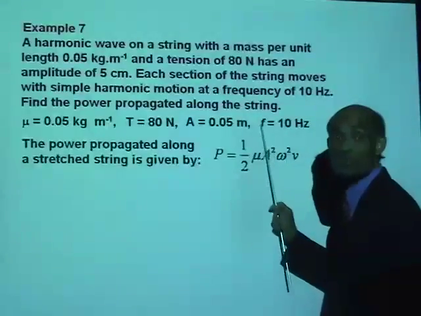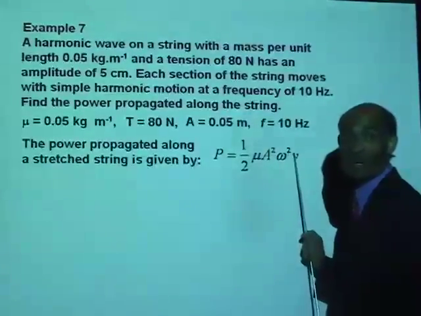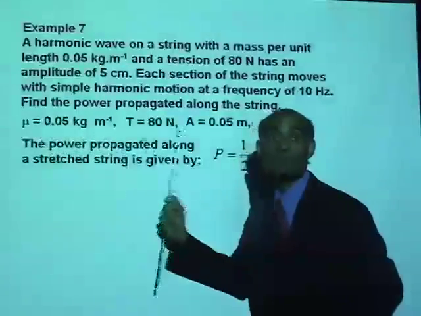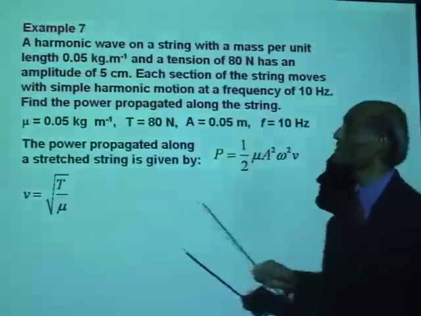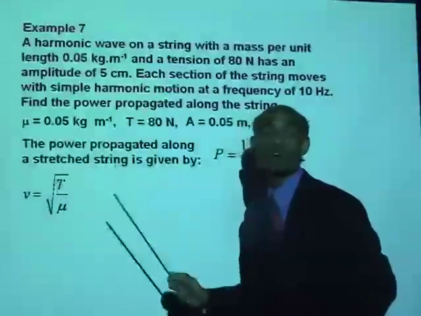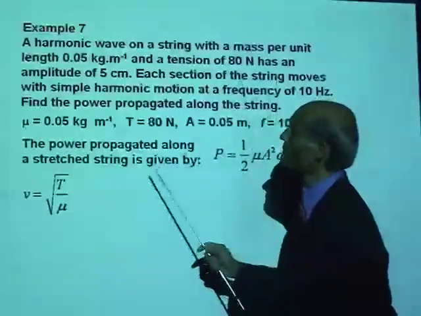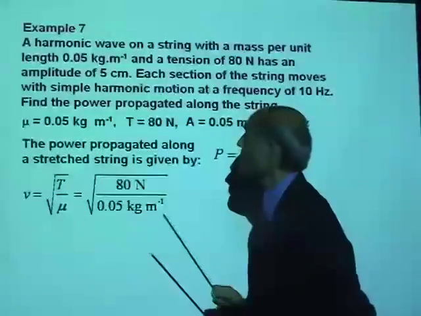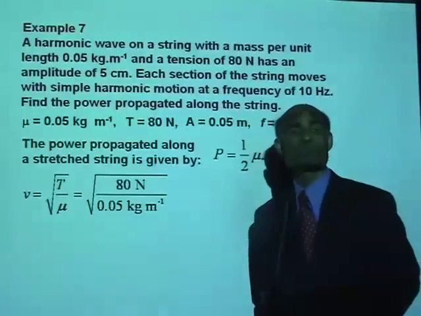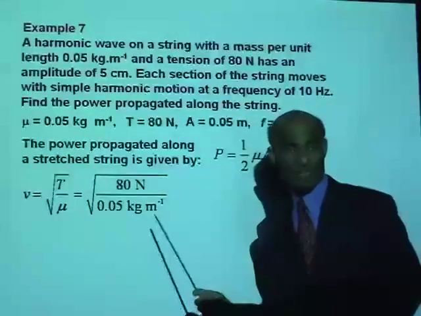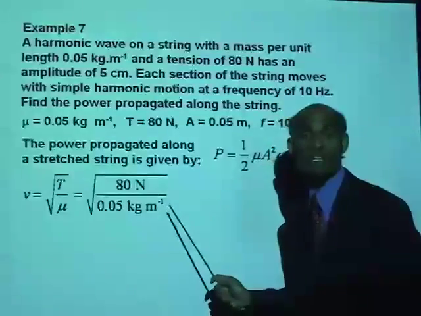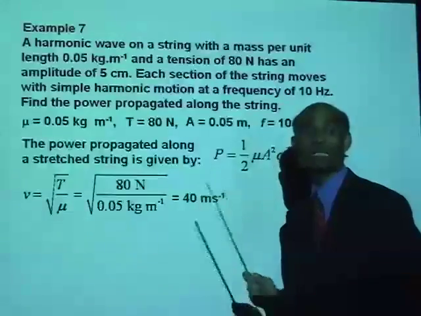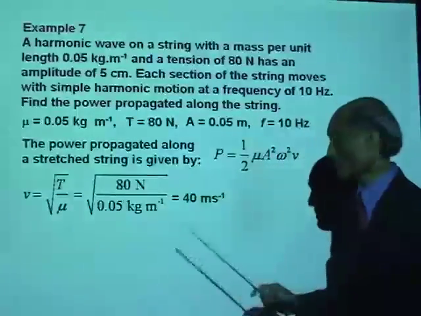Omega equal to 2 pi f. And we have V, how? Because we know T and mu. So first let's obtain V. V equal to square root of T over mu. That will be square root of 80 Newton divided by 0.05 kilogram per meter. Alright, calculate that on your own and see whether you get my value. I got it as 40 meter per second. Alright, please check it.